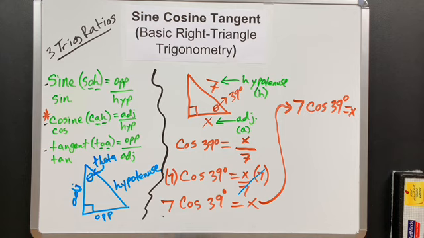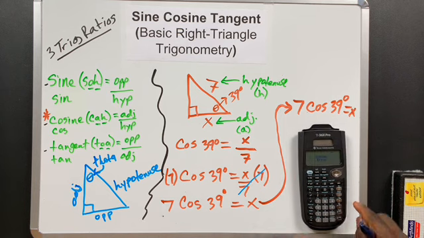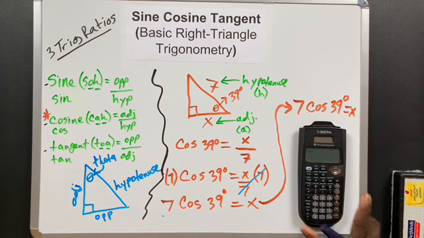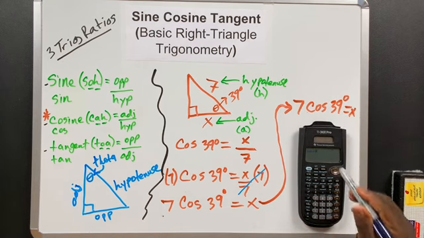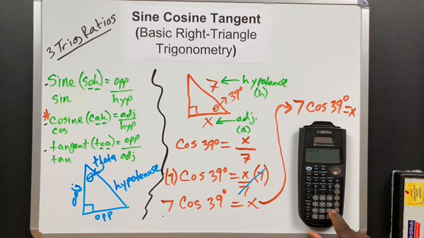For the calculator I have, we're going to first enter in, I'm going to press cosine, okay? And I'll put this here. I don't know if it will show with the video, but I'm going to put it here anyway. So I had a cosine 39, then I'm going to hit enter. That gives me 0.77145961. That's the cosine of 39 degrees, but remember, I have to multiply it by 7.